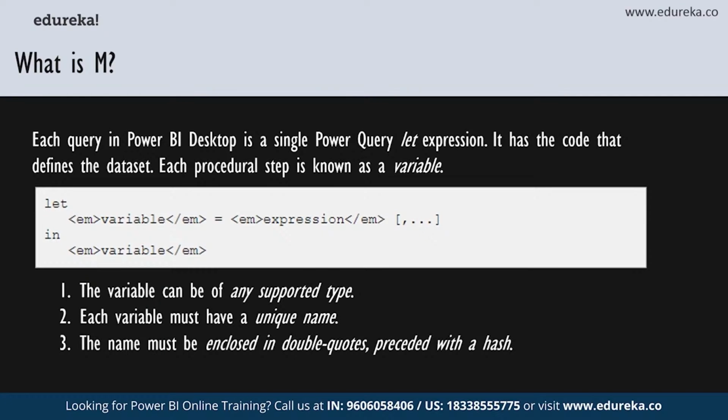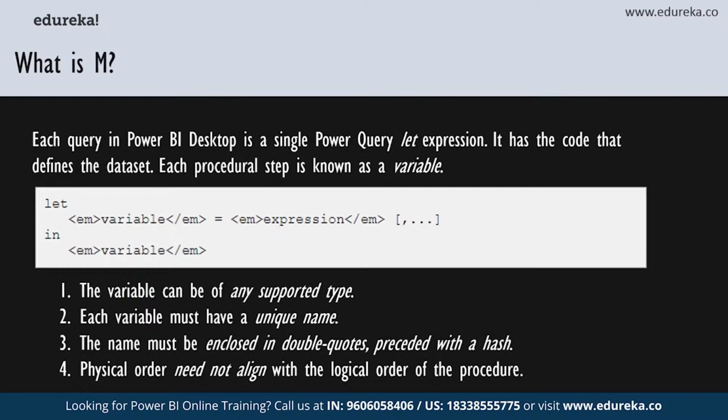Now, the variable names are also the same names that are used to identify steps in the applied steps section in the query editor's right pane. So, I think it would be wise to use names that make sense. Now, strictly speaking, you do not have to define your procedural steps in the same physical order as the logical order. As in, for example, you can reference a variable in the first step of your procedure and then define it at the last step of your procedure.